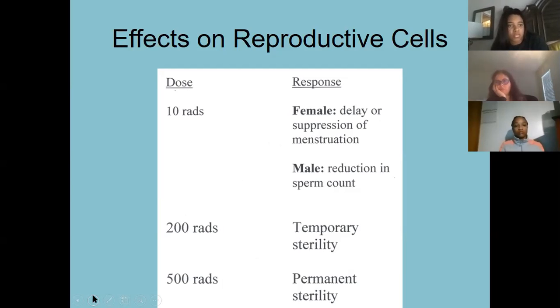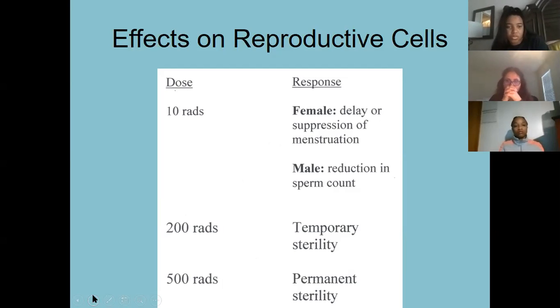Now, at much higher doses, you look at the possibility of sterility, either temporary or permanent. So at a dose of 200 rads or 2 gray, that could cause in both male and female patients a temporary sterility.